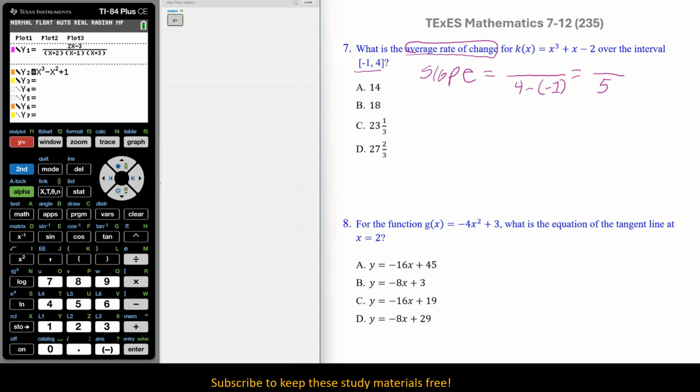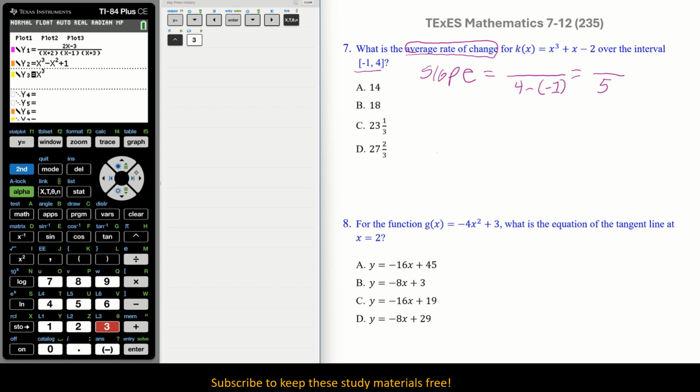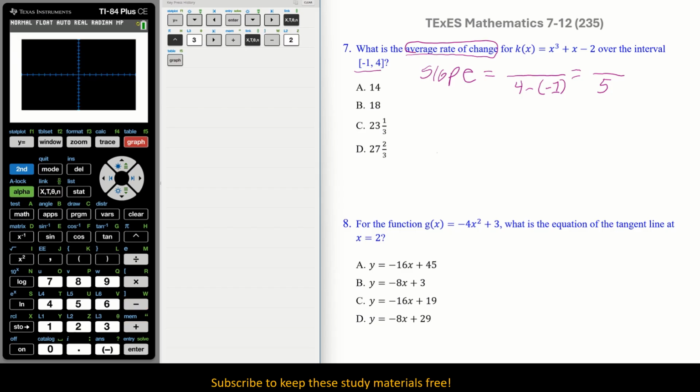So pull up our calculator and let's go to y2 and turn that one off. Then go to y3. And it's yellow. Yeah, I'll leave that color. Okay. So we have X carried up 3. We have to arrow over and then plus X minus 2 and graph. Nice.